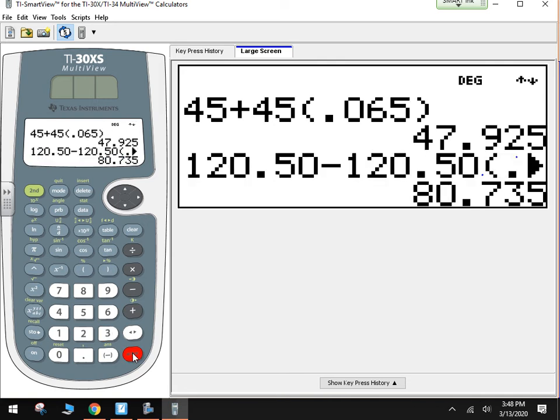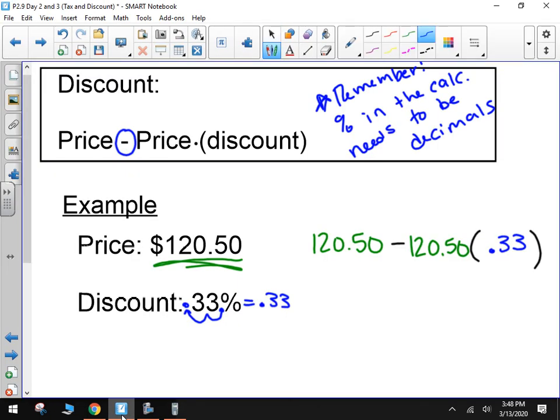So it becomes $80.74. So my answer is $80.74. If you'd like, you could stop the video and try the second problem on your own and then restart to make sure you got it right.